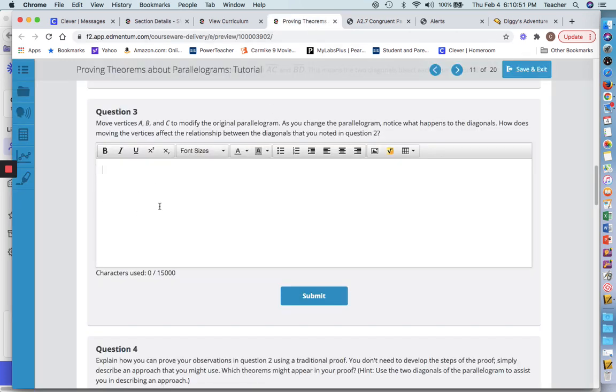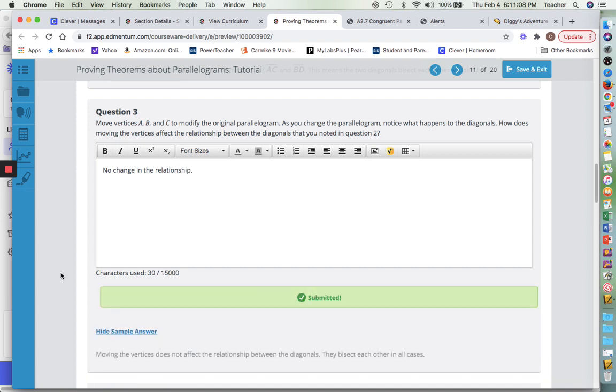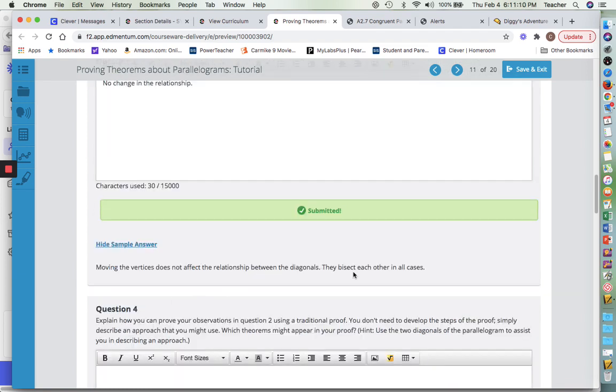So the relationship does not change. They are going to remain equal to each other. No change in the relationship. Bisect. Now they say the word bisect.